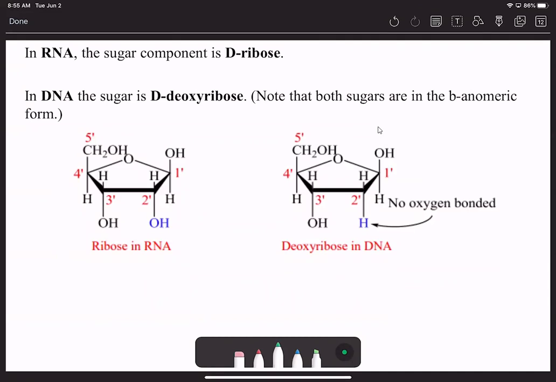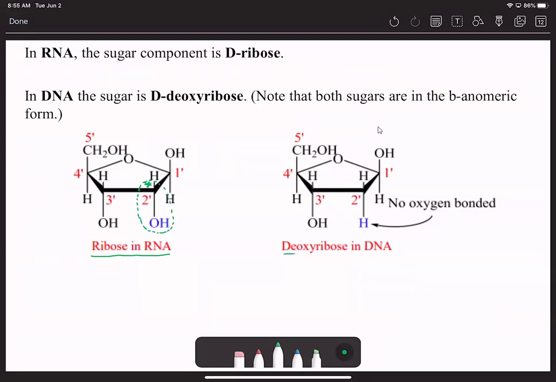All right, so we have RNA and then DNA. Our ribose is the sugar that's in RNA, and we can determine that simply by looking at carbon number 2. That carbon number 2 contains this oxygen, ribonucleic acid.